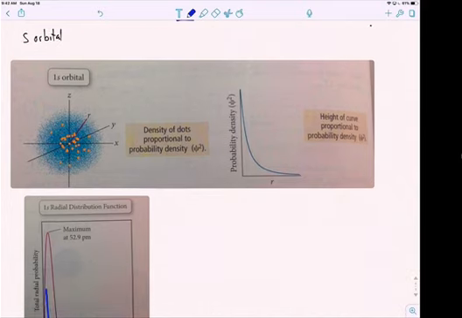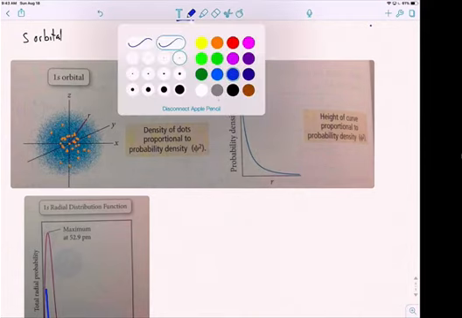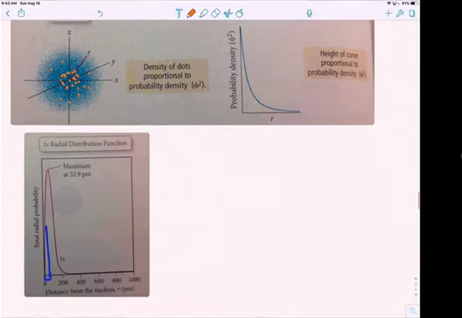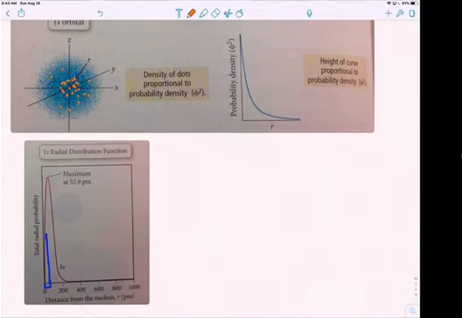And you get a probability density where you have quite a bit of probability in the nucleus, and then it's decreasing as you go out. That's the probability density.